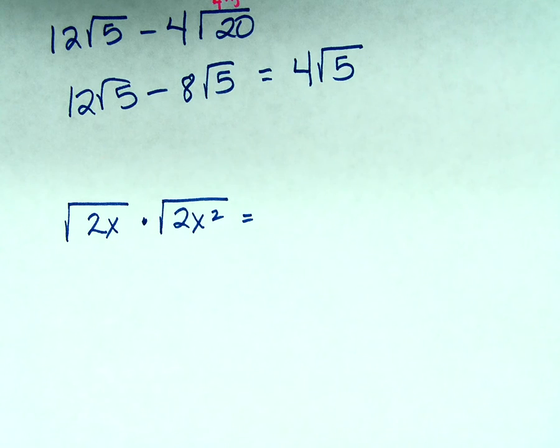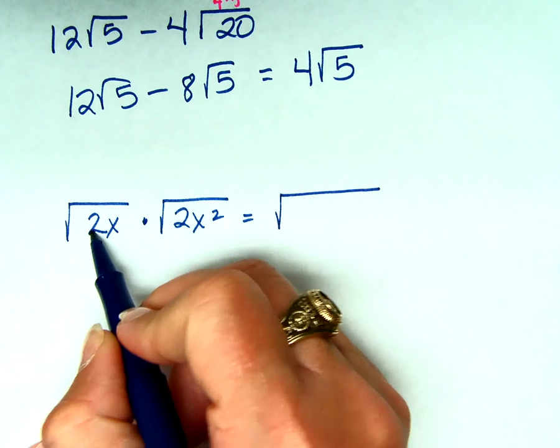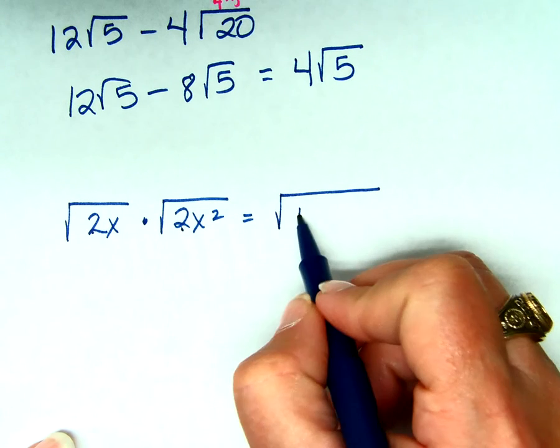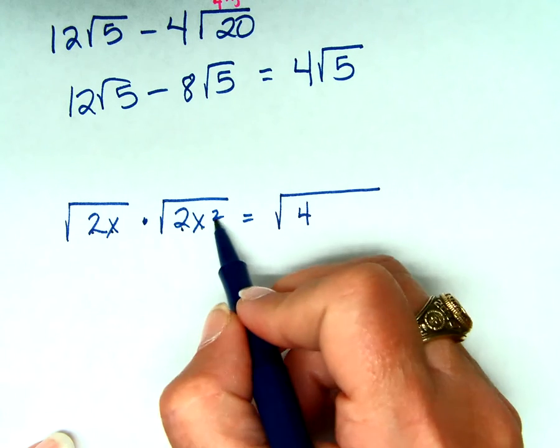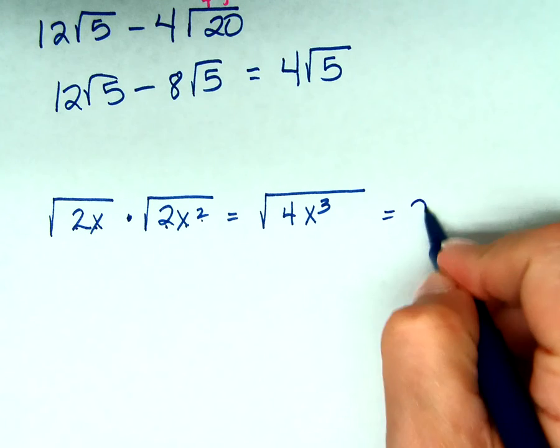I sure am, aren't I? So I have the square root of 2x times the square root of 2x squared. That should equal the square root of 2 times 2, 4, x times x squared. Yeah, absolutely. Is that as simplified as it could be? Do I know the square root of 4? Yeah, it's 2, isn't it?